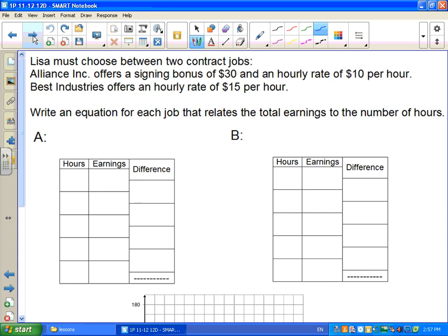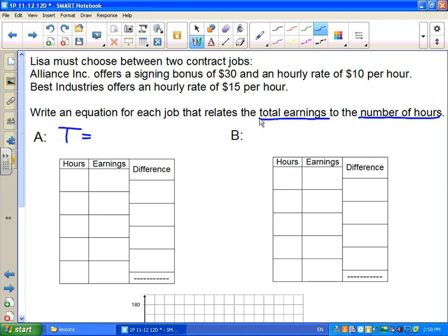From now on, I'm going to say Alliance Incorporated is just A, and Best Industries is just B. Let's start with Alliance here. We want an equation between total earnings and number of hours, so this is going to be T equals something.